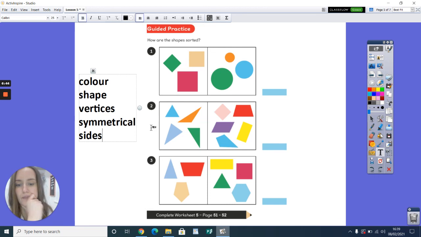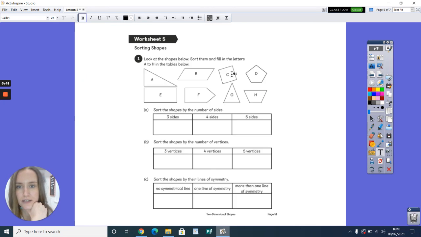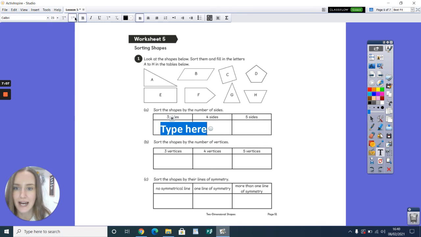Right, and then when you've done that, you need to go on to page 51 and 52. And the same thing again. This time, you've got the shapes and they've all got a name. So here's A, B, C, D, E, F, G, H. You've got to put the shapes into the correct grid. So for example, here, let's do the first one together. How many sides does A have? 1, 2, 3.